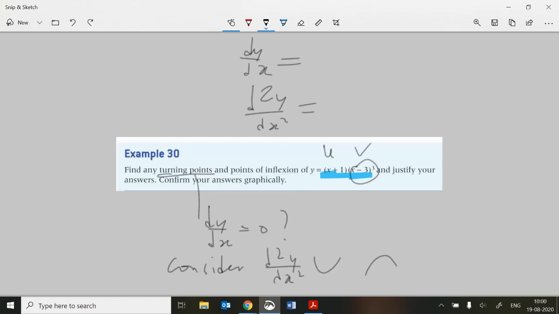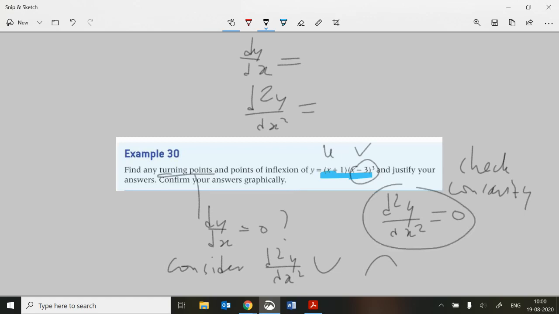And then for points of inflection, again, you're going to need to set the second derivative equal to 0, and we need to check the concavity either side to make sure that we actually do have points of inflection. We can do that by checking a point slightly on one side and slightly on the other side of that supposed point of inflection. And justify your answers, which you can do by creating sign tables if you want to.